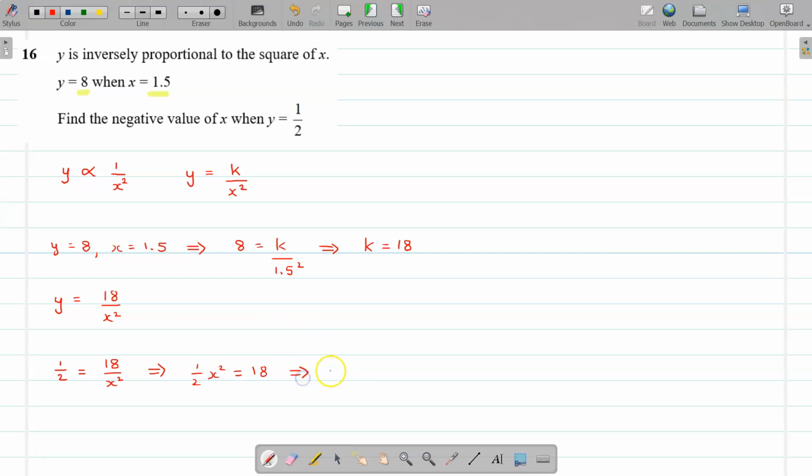X squared is therefore equal to 36. And x is therefore equal to either plus 6 or minus 6, because either of those, when you square them, you get 36. But it says find the negative value of x. So therefore, x equals negative 6, which is the value that they asked for.